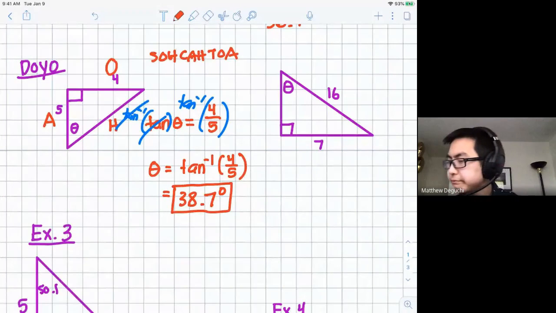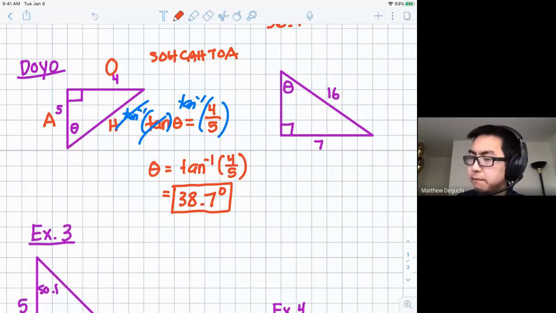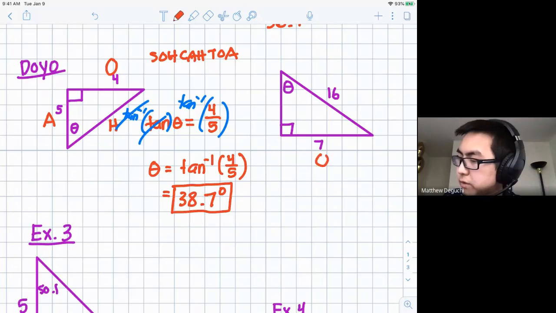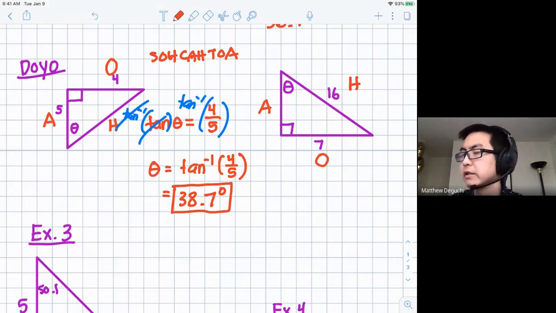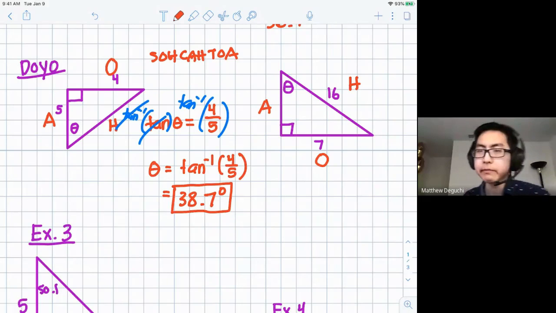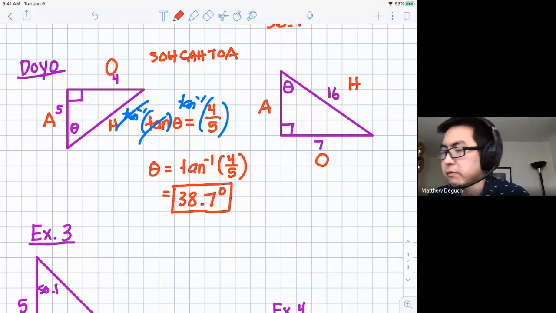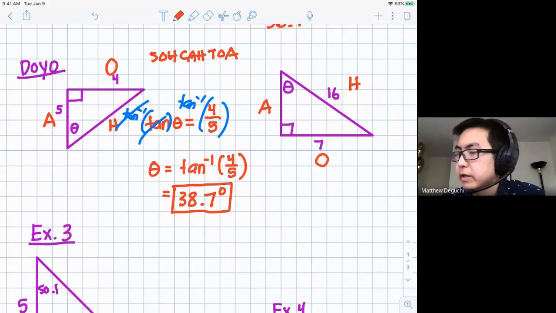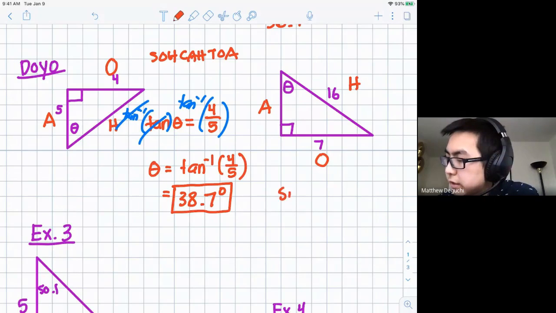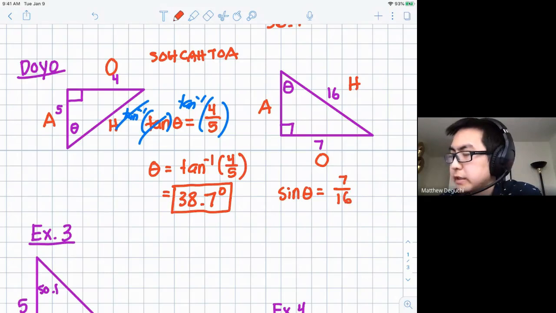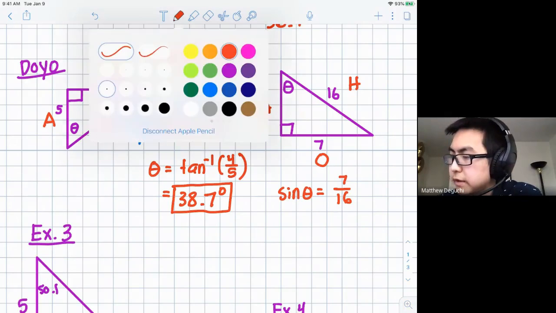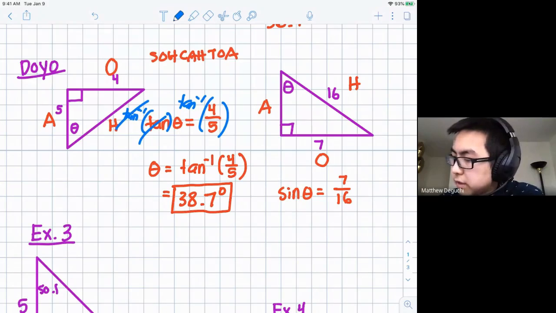Okay. For the next one, in the perspective of this angle, this one's opposite, this side's adjacent, and this side is hypotenuse. So that means you have to use sine, because sine uses opposite and hypotenuse. So sine theta is equal to 7 over 16. To get rid of this sine, take sine inverse of both sides.